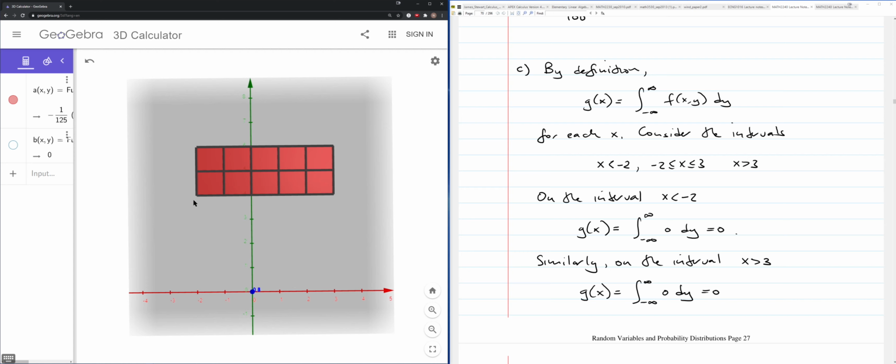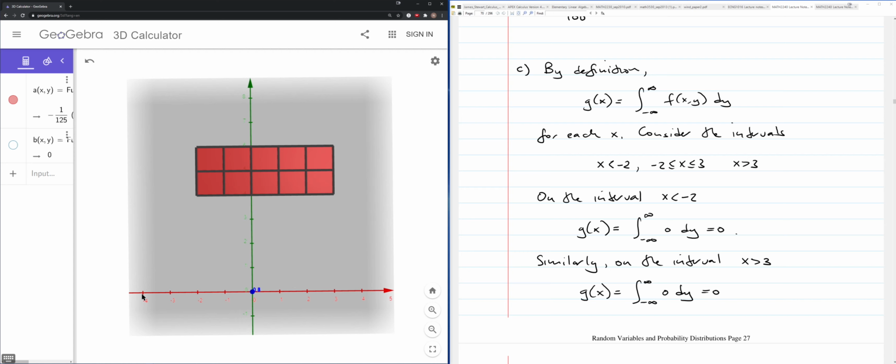The only way your function is non-zero is between x equal to minus 2 and 3. So at x equal to minus 3, your function is 0. When you're integrating with respect to y, all you're doing is integrating 0 with respect to y. So that's at minus 3.